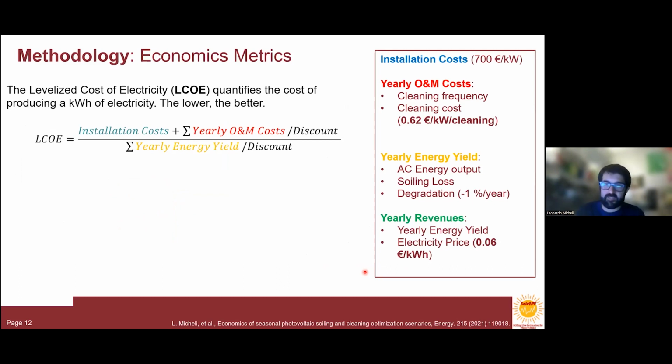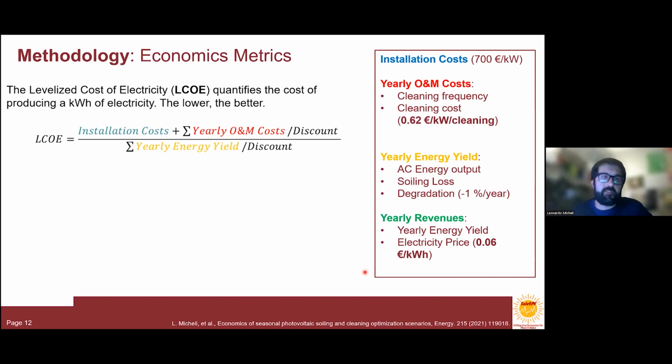because soiling has a cost, but also cleaning has a cost. And to do that, we took into account 2 common soiling economic metrics. First of all, we took into account the levelized cost of electricity, the LCOE. This is a metric typically used to compare the cost of producing a kilowatt hour of electricity from any type of energy system.